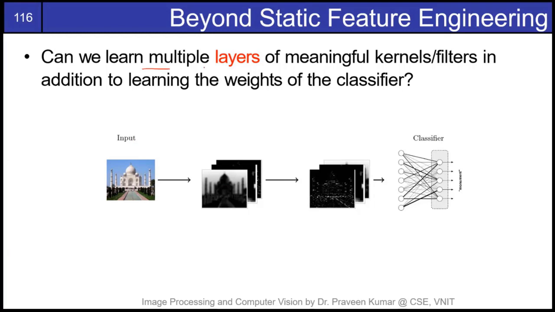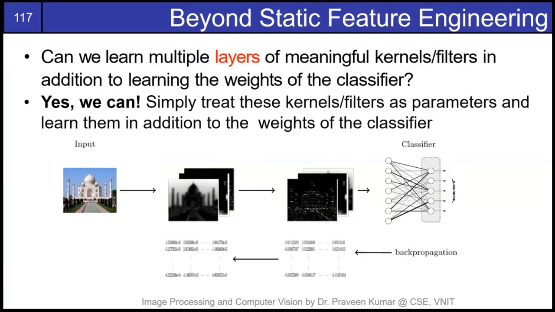Having multiple layers of feature extraction is much more powerful, because it builds over the previous layer, owing to the hierarchical nature of our vision. The need was to learn multiple layers of such filters, so that we can extract features in a hierarchical fashion, along with our classifier weights.